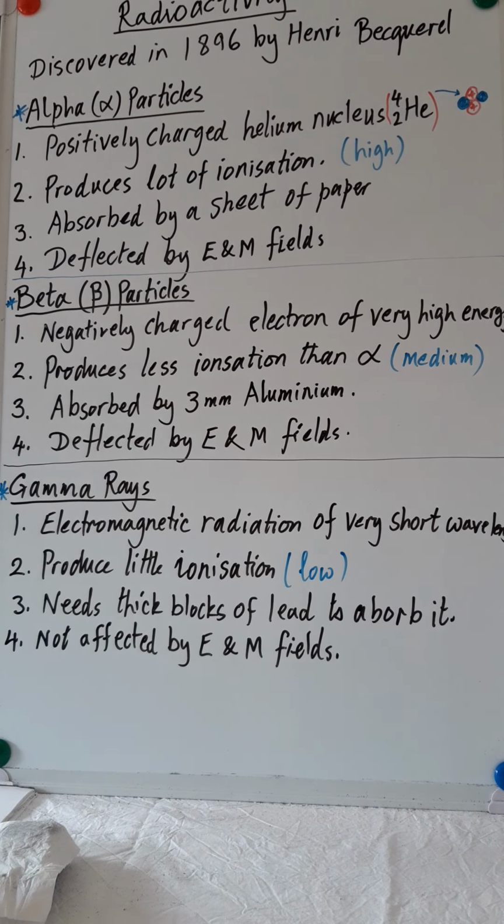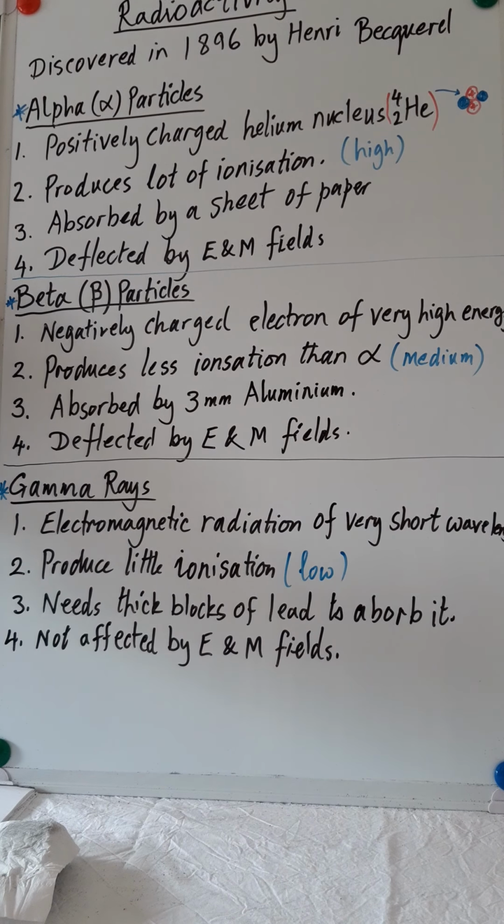So exposure to alpha particle is not that dangerous. Now, the fourth property is it's deflected by electric and magnetic fields. Because it has a positive charge, it will be deflected towards the negative plates in an electric field, and it's also affected by the magnetic field.